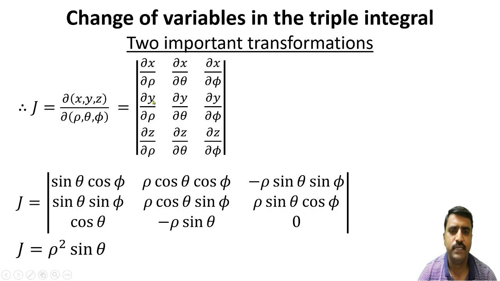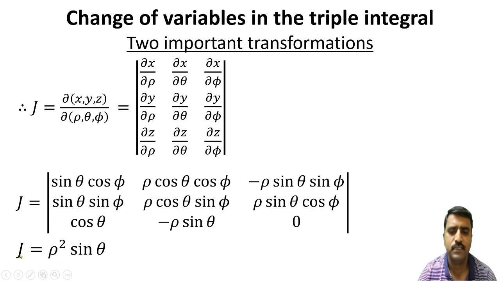Similarly, differentiate y partially with respect to rho, theta, phi and substitute that in the second row, and differentiating z partially with respect to rho, theta, phi, substitute that in the third row, and simplify this. So just go and evaluate this.